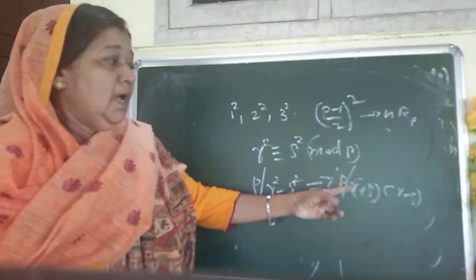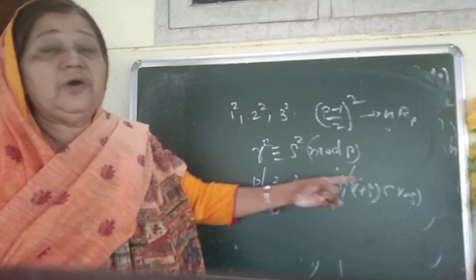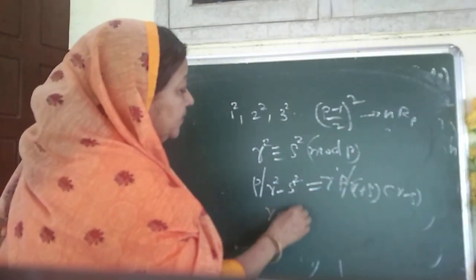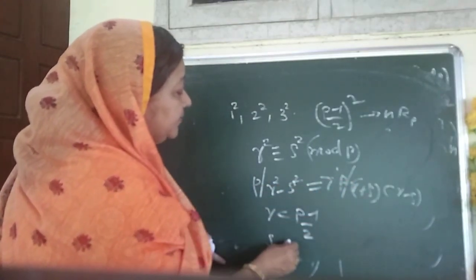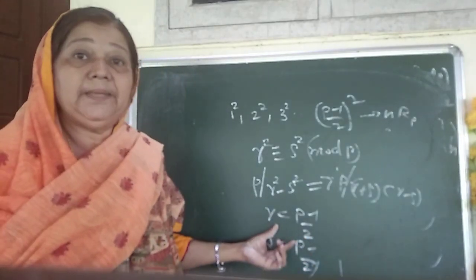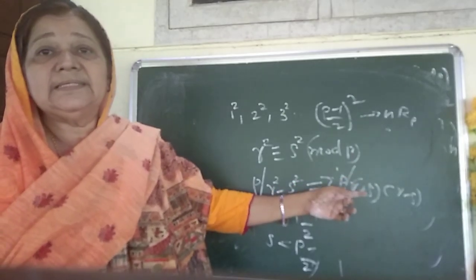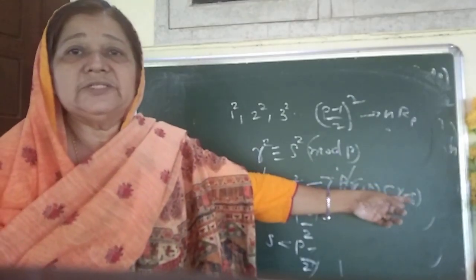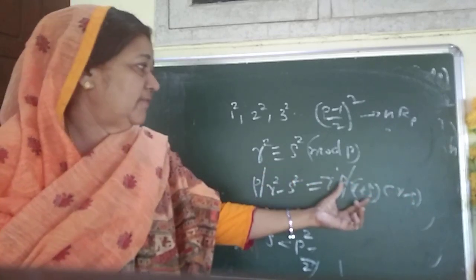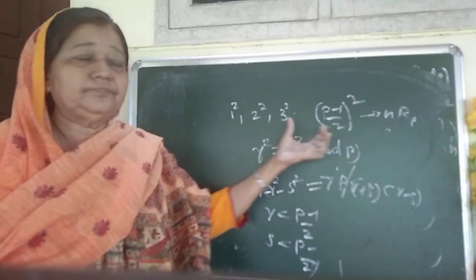But r and s are at most p minus 1 by 2, therefore r plus s is less than p. Therefore, p does not divide r plus s. Similarly, p does not divide r minus s. So our assumption is wrong. Therefore, these are all distinct.